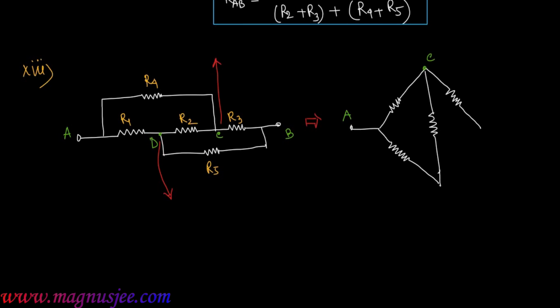That means these 5 resistors will form a Wheatstone bridge as shown in the figure.